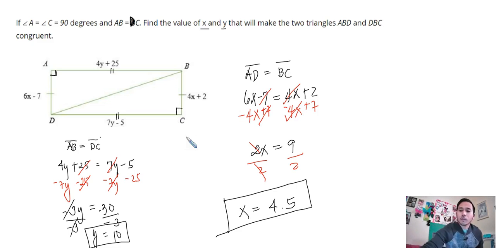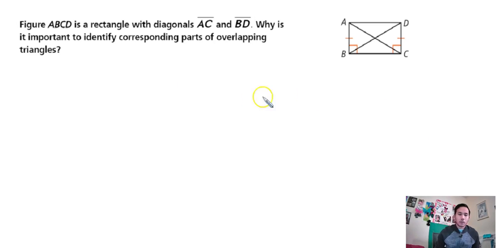All right, so let's take a look at the next example that we have. Here, figure ABCD is a rectangle with diagonals AC and BD. Why is it important to identify the corresponding parts of overlapping triangles?